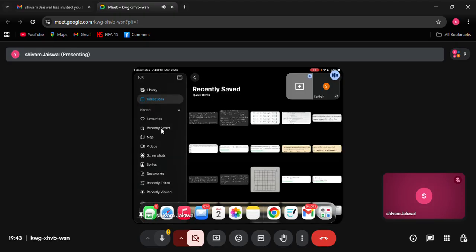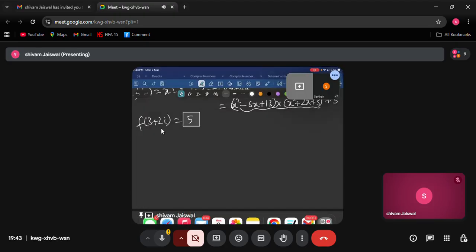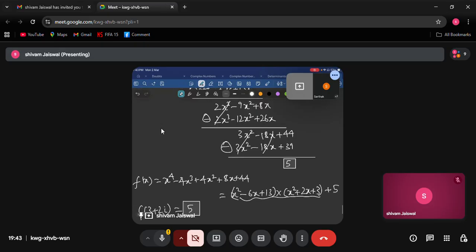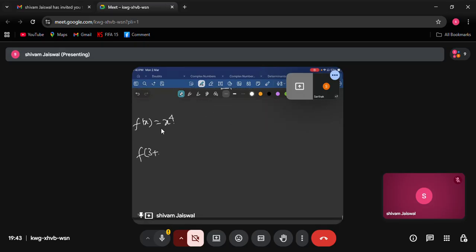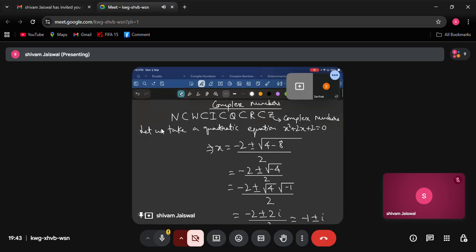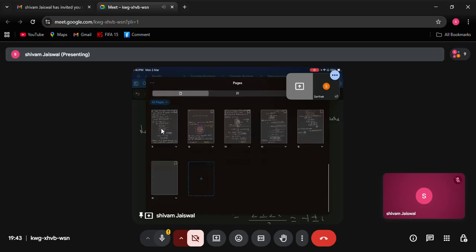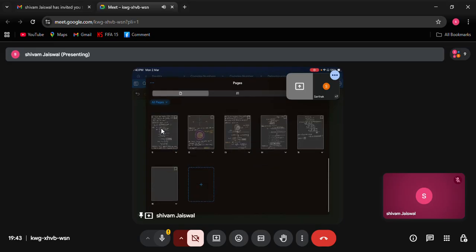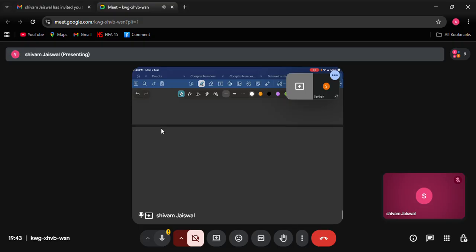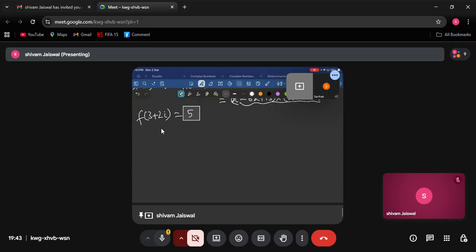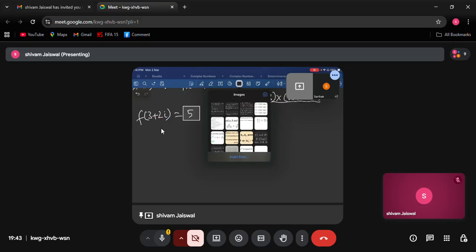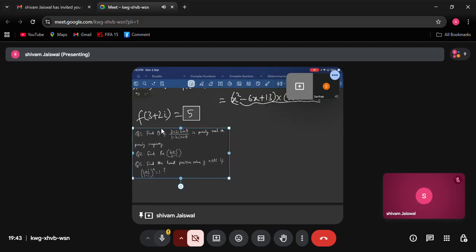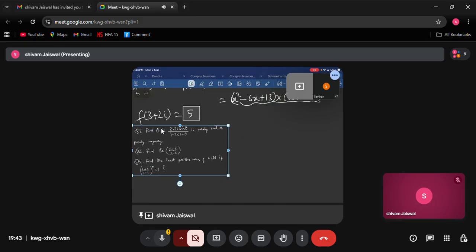This is 11, 12, and 13. Okay, wait. Solve.